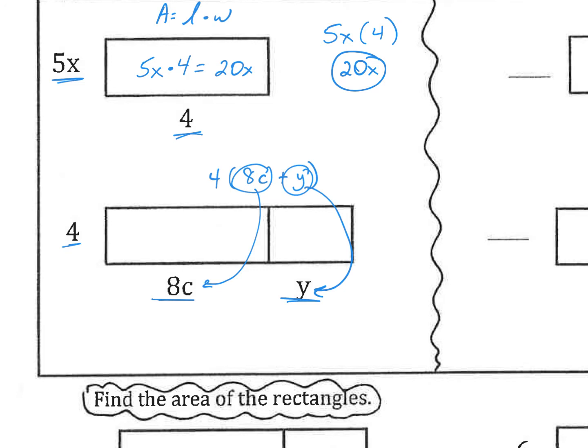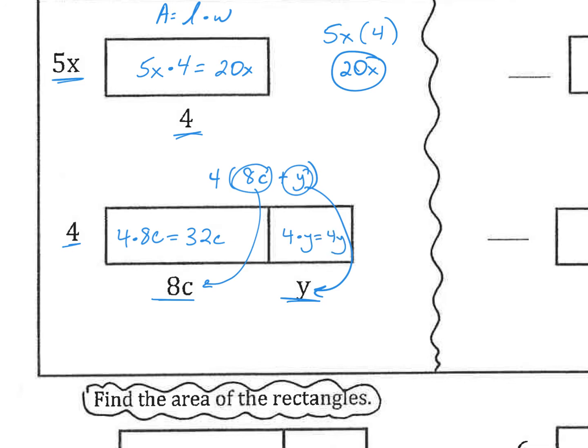From here, we're just taking the area of each individual rectangle. For the bigger one, I'm going to do 4 times 8c. Again, that's 4 groups of 8c, so that gives you a total of 32c. Then you repeat that with 4 times y, which is just going to be 4y.